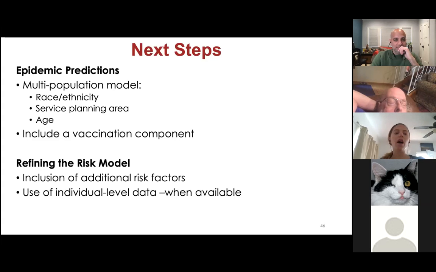We will also look to refining the risk model now that there is more data that has come in and continues to come in.